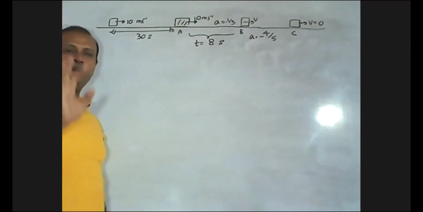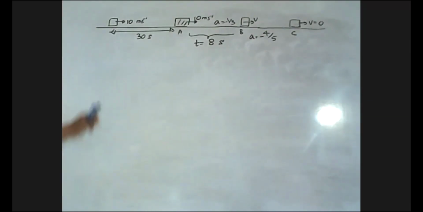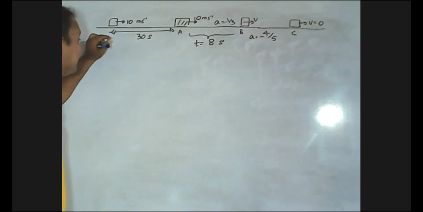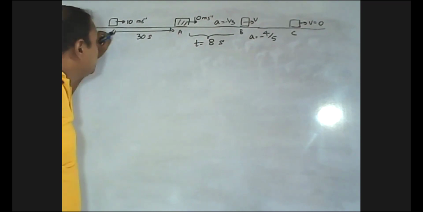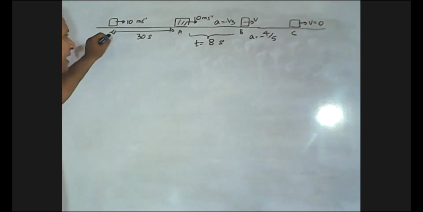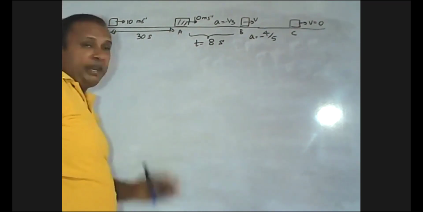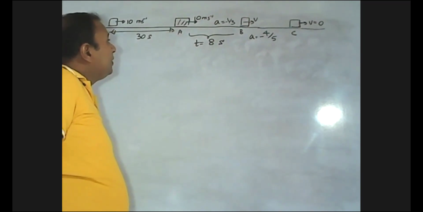Okay, according to the question, there was a passenger and he rang the bell of the bus. After ringing the bell, the bus moves 30 seconds with a constant speed of 10. Then the driver applies the brake.